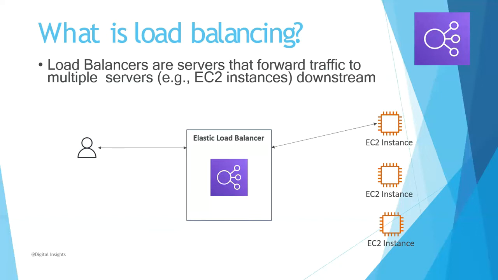So it knows about the instances and what traffic services they are running, and then it can make an intelligent load balancing decision and forward the traffic to the member in that load balancer group. Right. So in this case, you can see the user came to the ELB, and the ELB forwarded to one of the instances, and the second came and it was forwarded to the other instance, and then the third user came and it was forwarded to the third instance.